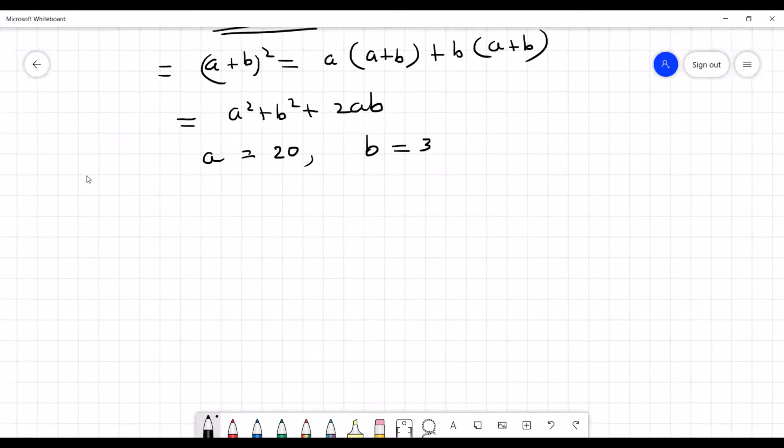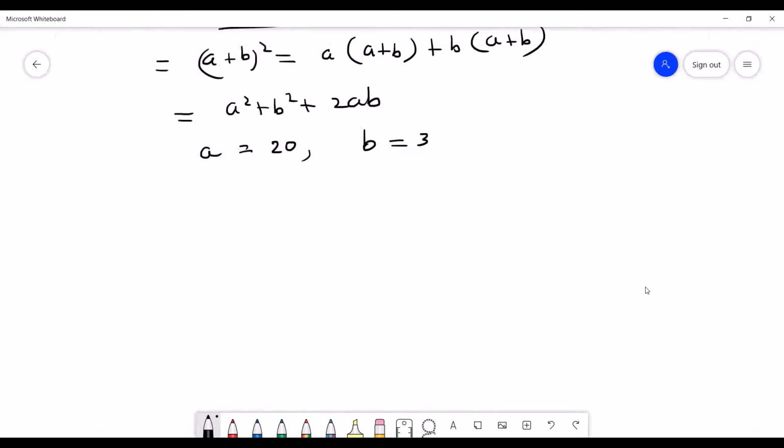Let us find the answer with the application of this A square plus B square plus 2AB method also. So what will we get? A square is 20 square, plus B square is 3 square, plus 2 into 20 into 3.